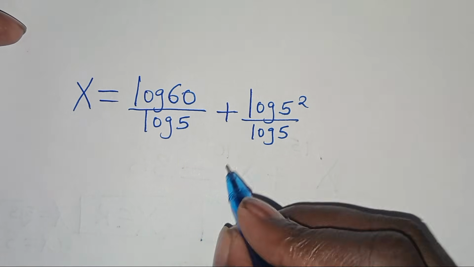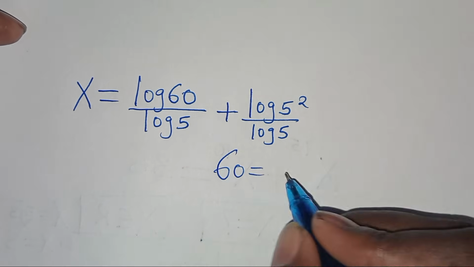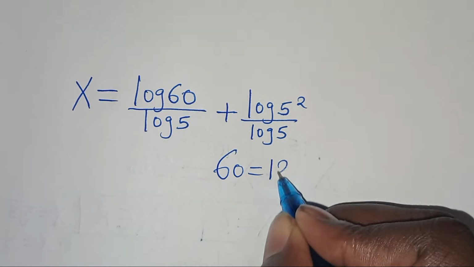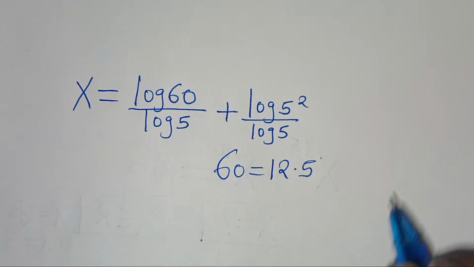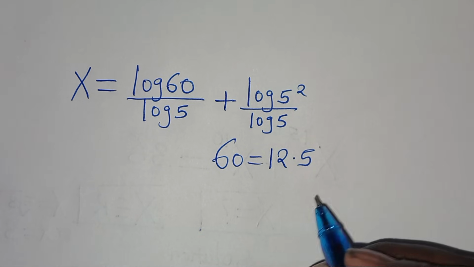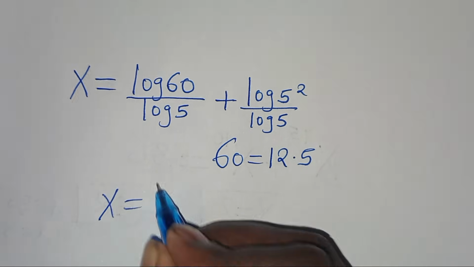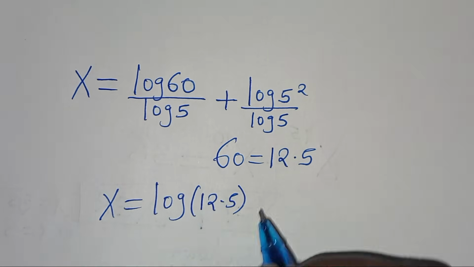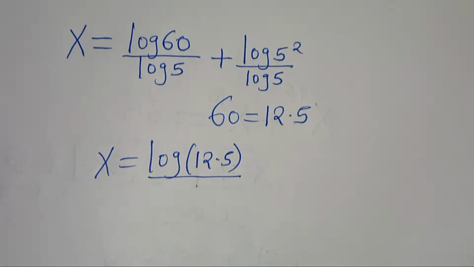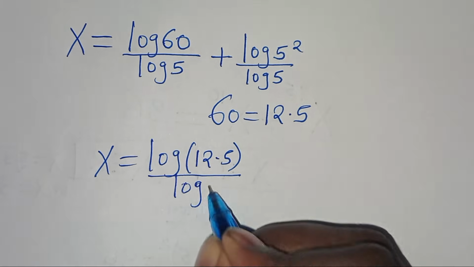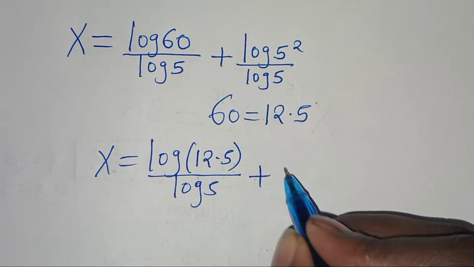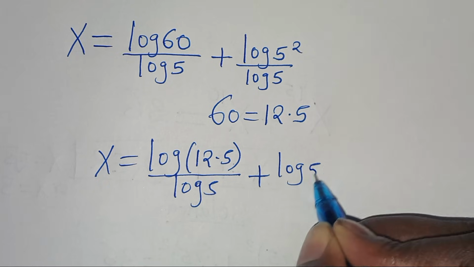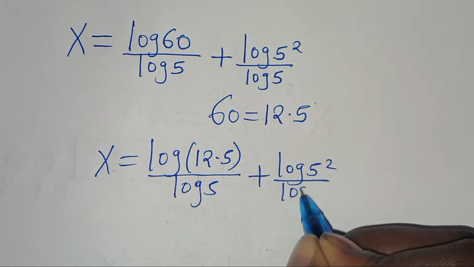Now, we can express 60. This is the same thing as 12 multiplied by 5. So here we have x is equal to log of 12 multiplied by 5, everything here, divided by log 5, plus log 5 to the power of 2 divided by log 5.